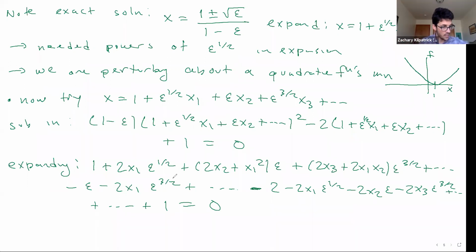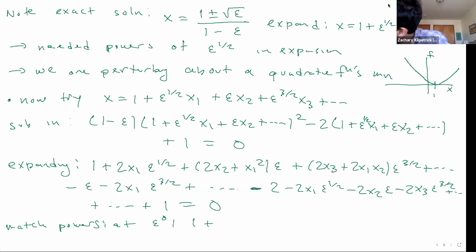Now, the next step always is to match powers and solve those algebraic equations, okay? What does that look like? Well, we should expect that matching powers at epsilon to the 0 shouldn't look much different, because the leading order terms are all the same.